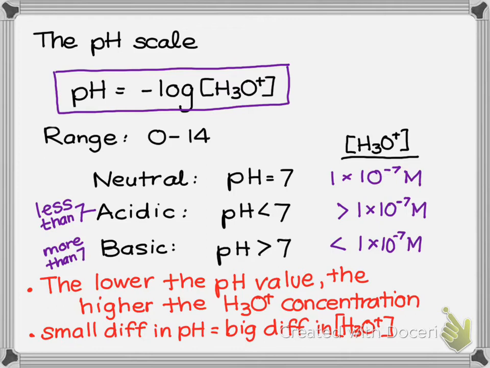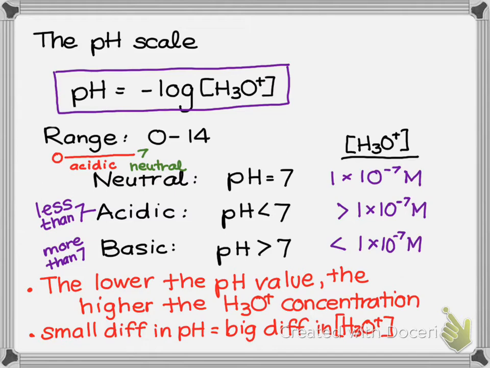If I create my little range up here, very roughly, and let's have 7, this is my neutral. Then acidic is all down here, 0 to 7.